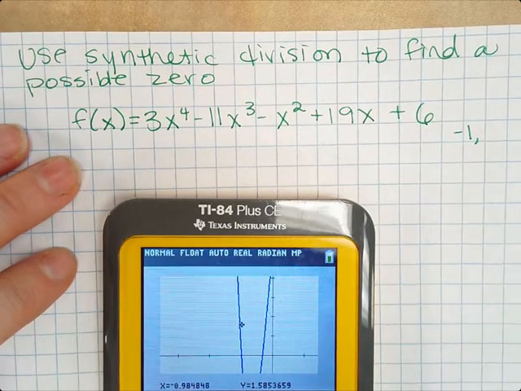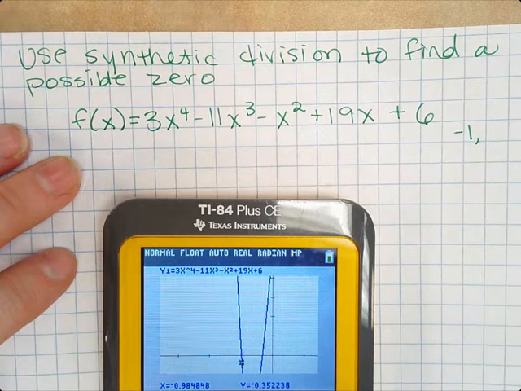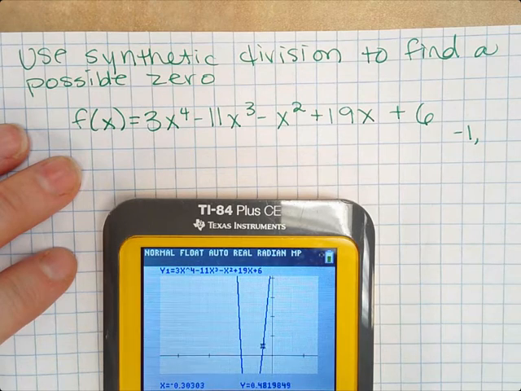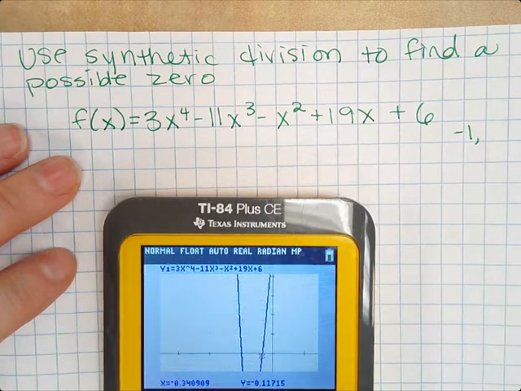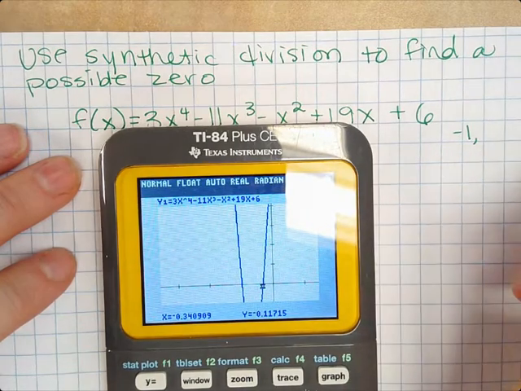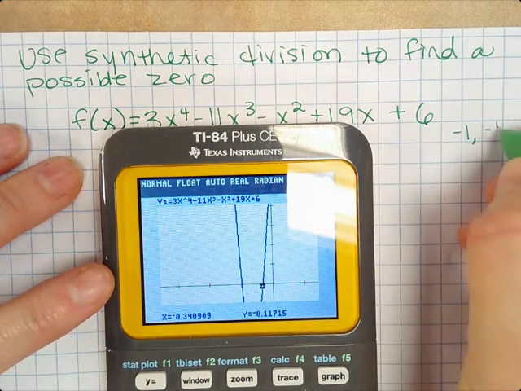And then another one, let's see, trace. What would that one be? Should be -1/3.